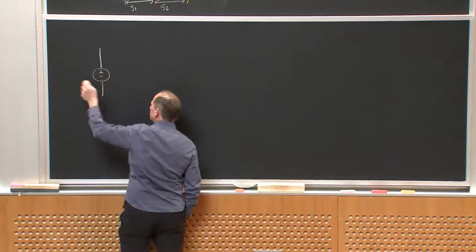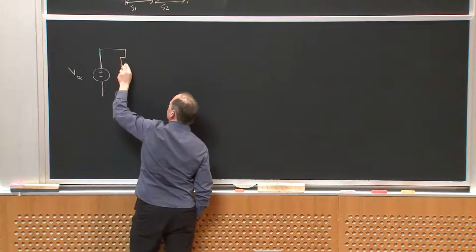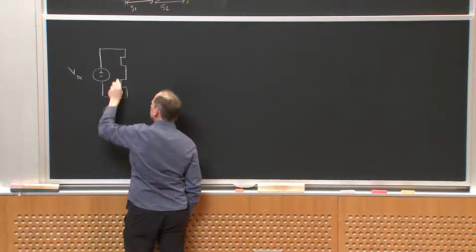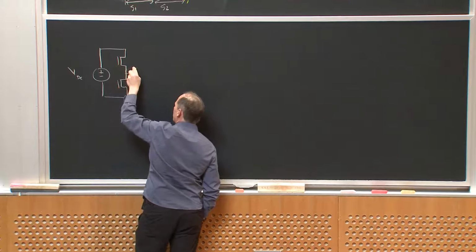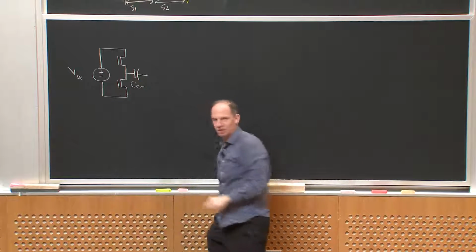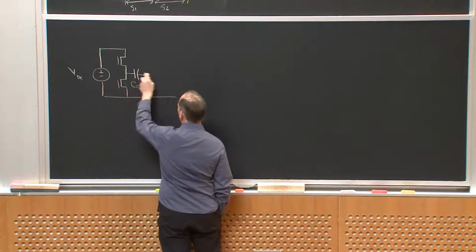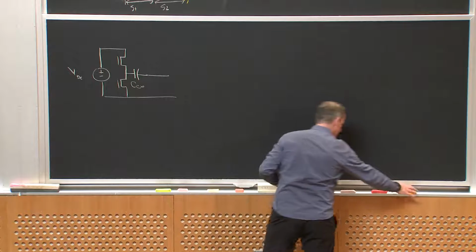Okay, I'll have VDC again. And for simplicity, let me put in C infinity. This is just a blocking capacitor. So I'm going to get a voltage on the other side of this that I'm going to call Vx prime.